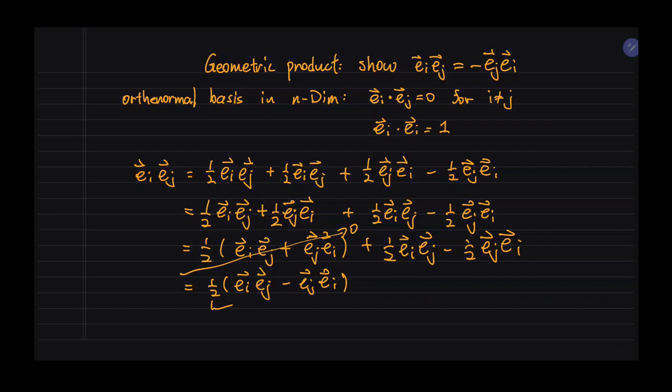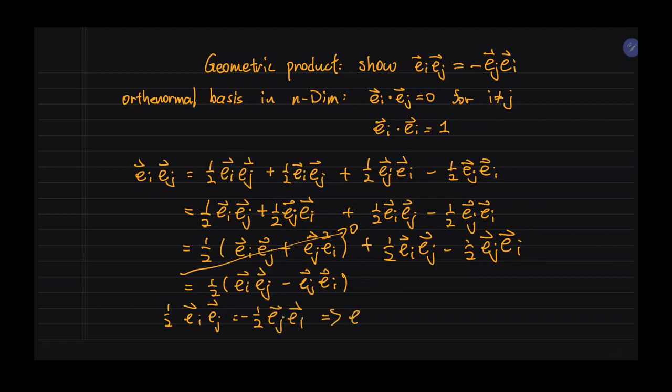And then if we compare this relation to this, since they have to be equal, then what we get is 1.5 e_j equal to minus 1.5 e_j e_i.